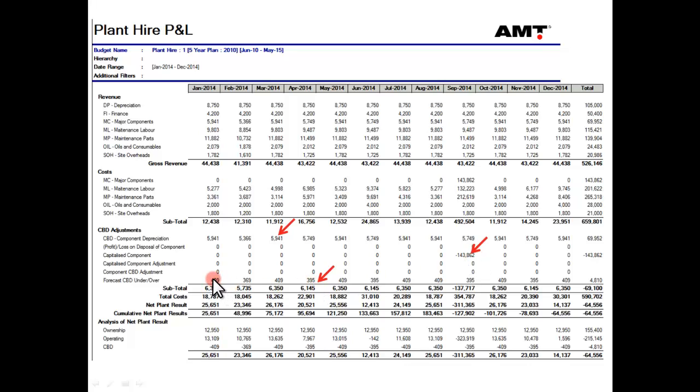But this line below, this forecast CBD under and over, this is what is picking up the difference between your base rate that your maintenance is being forecast to run at versus your revenue.